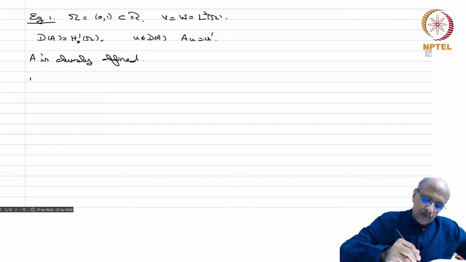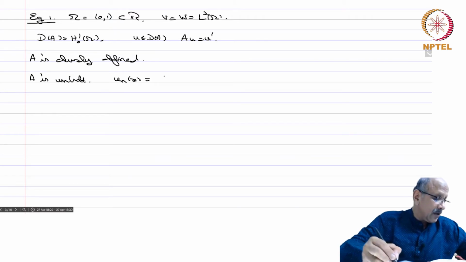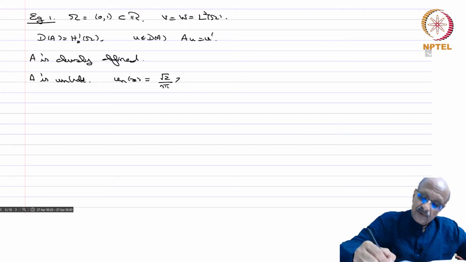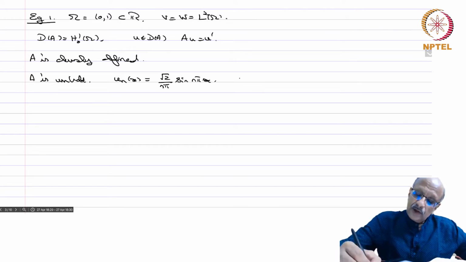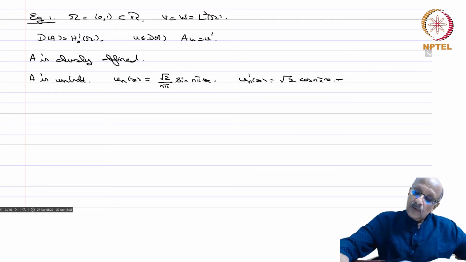Then it is unbounded. So let us take un of x equals root 2 by n pi sin n pi x. Then un' of x is nothing but root 2 cos n pi x, and this is equal to Aun.